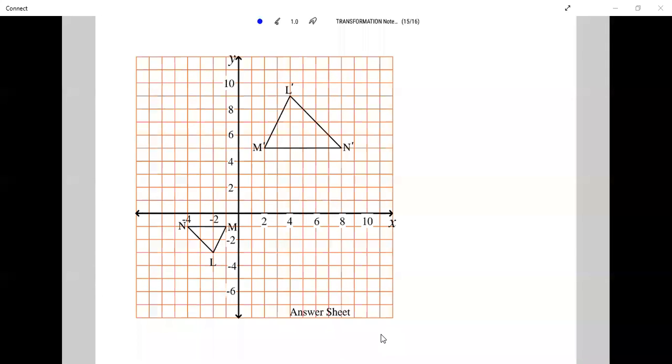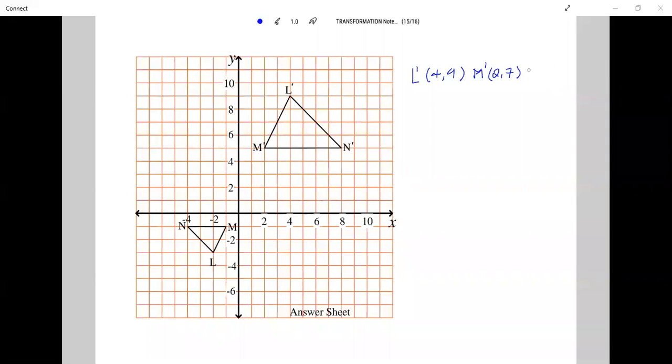To solve this question, the first thing we're asked to do is to state the coordinates of L prime, M prime, and N prime. The coordinates of L prime is 4, 9. The coordinates of M prime is 2, 5.